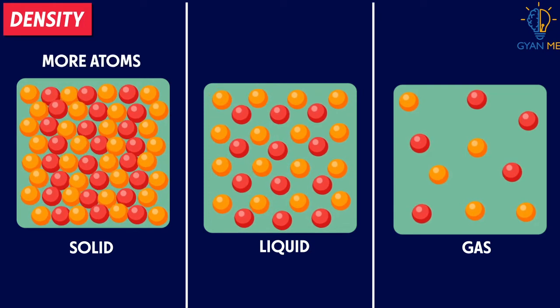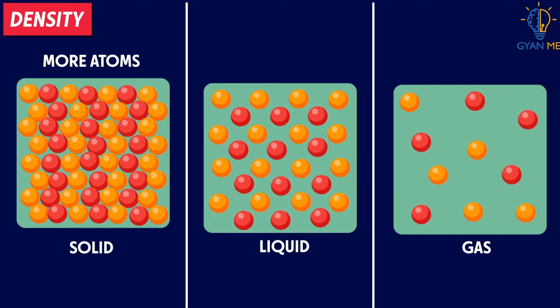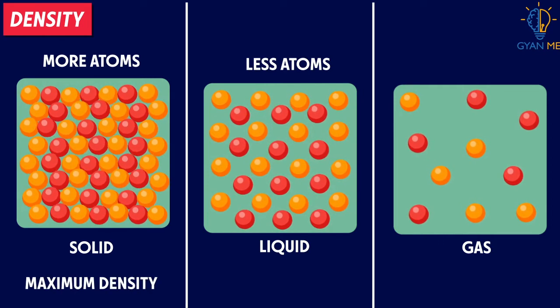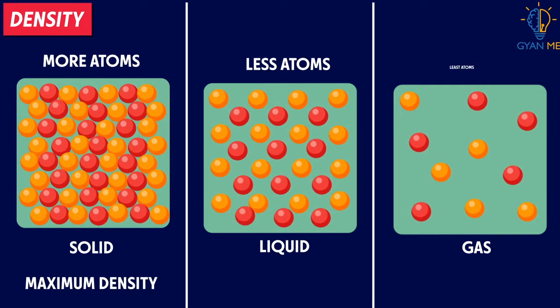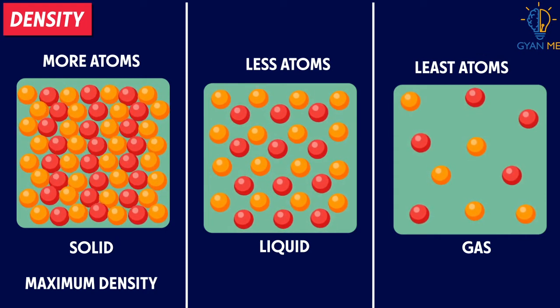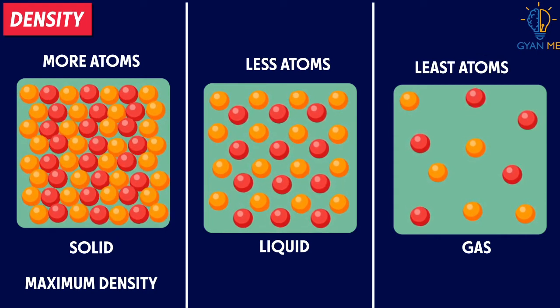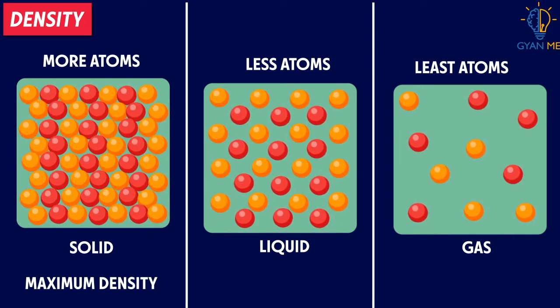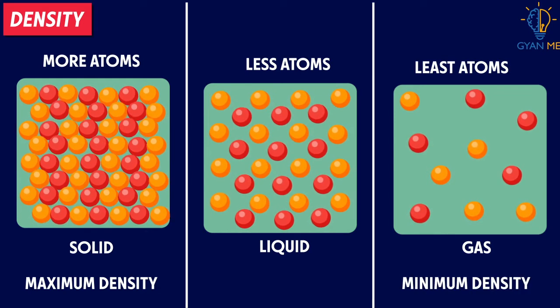So there are more atoms in this unit space as compared to liquid and gas, and thus the density is maximum. While in gases, particles are far away from each other. So in the same unit space, the number of particles is less as compared to the other two. And so the density is minimum.